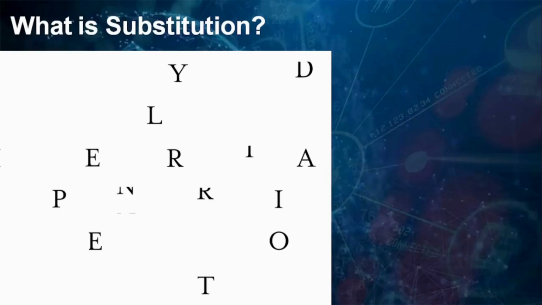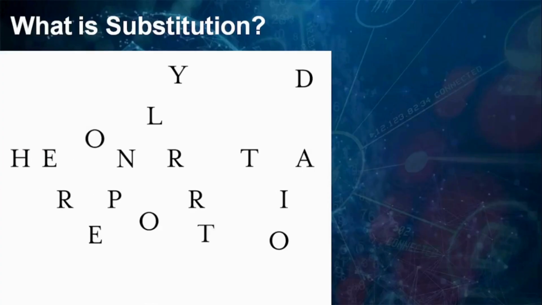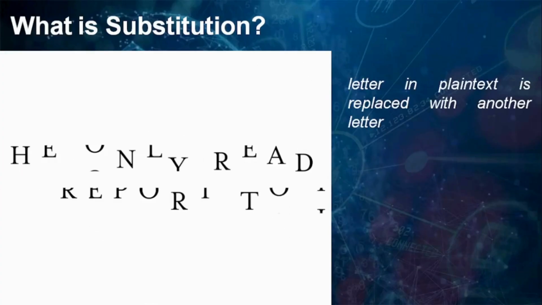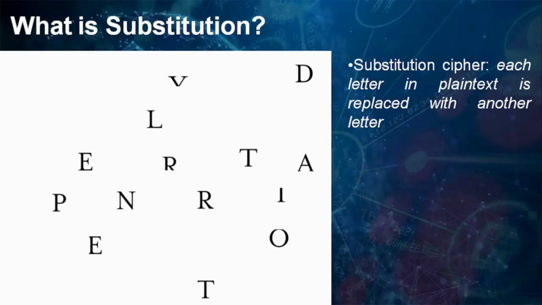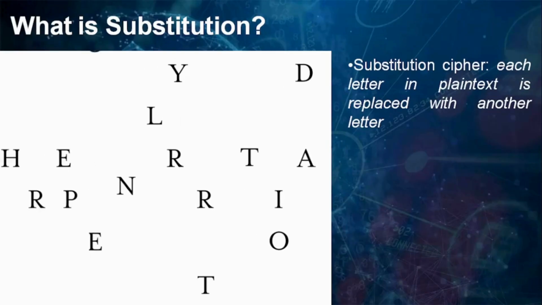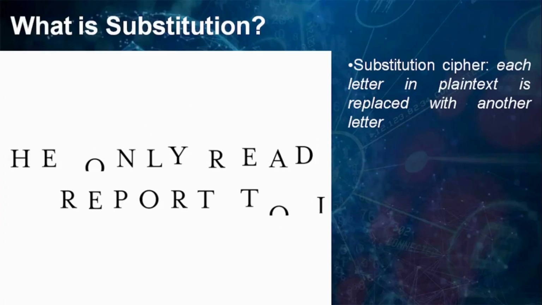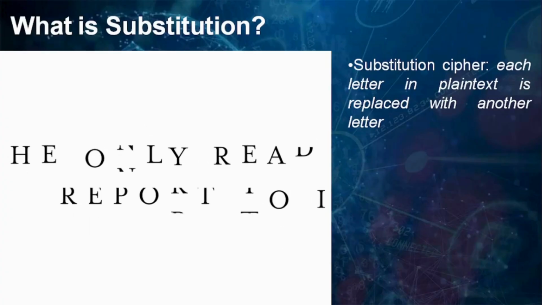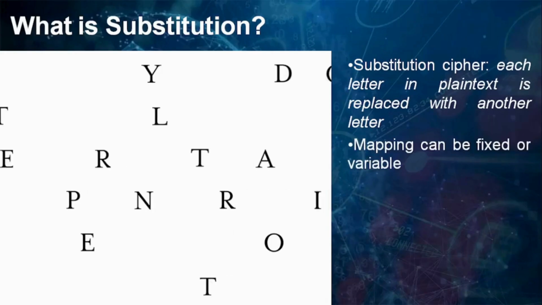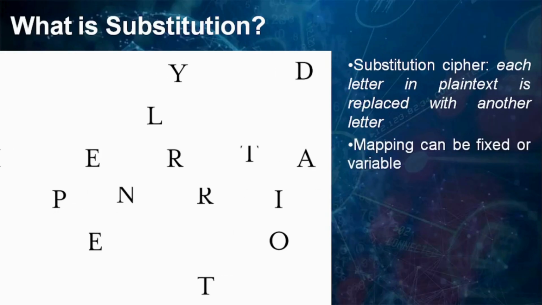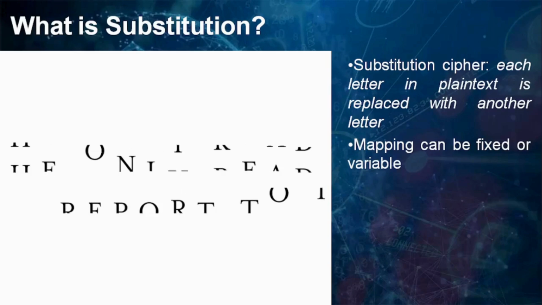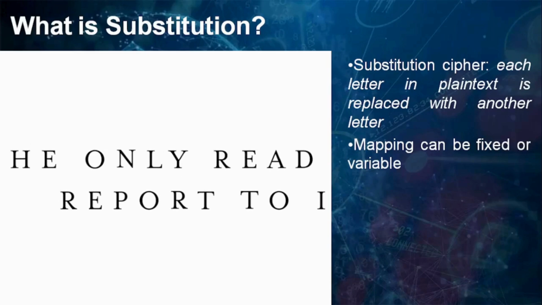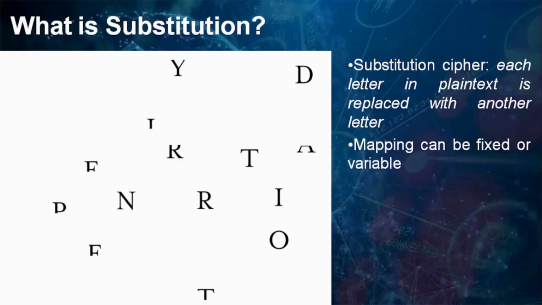First, let us understand what substitution means. A substitution cipher is a cryptographic technique where each letter of the plain text is replaced with another letter. In simple words, the original message is called the plain text, the encrypted message is called the cipher text, and each character in the plain text is substituted by another character.